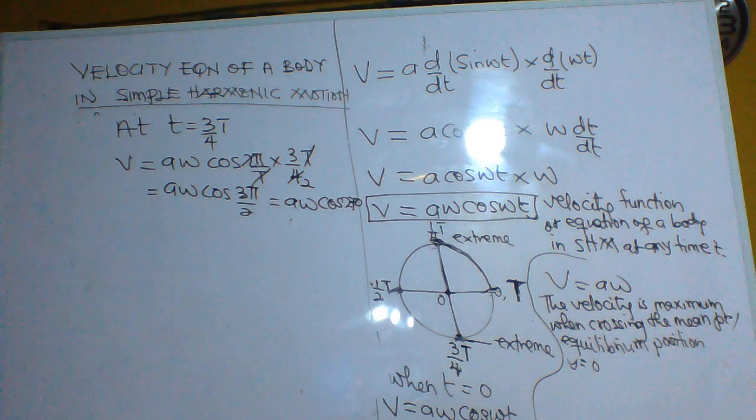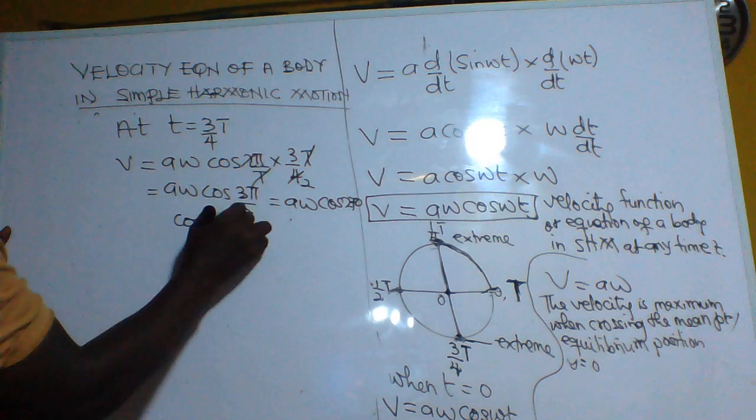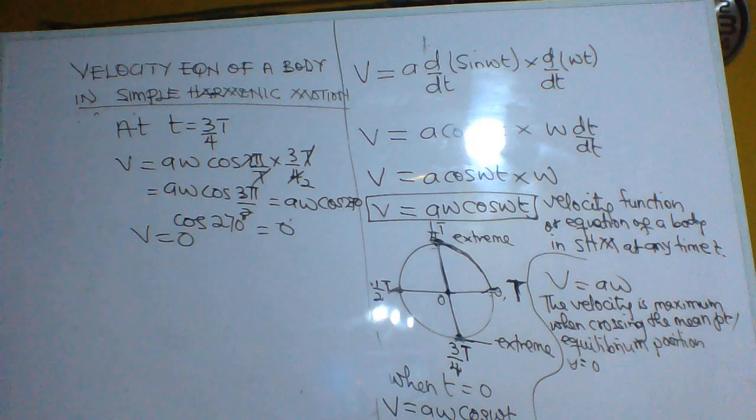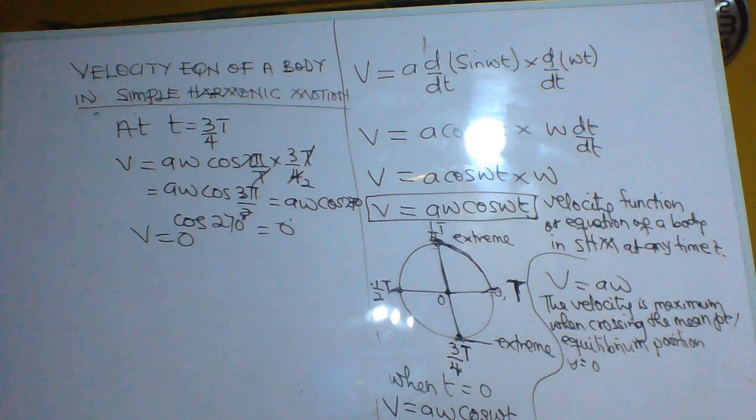Cos of 270 is equal to 0. Therefore, velocity there is equal to 0. Yes, as I said, this is another amplitude, so that's it.